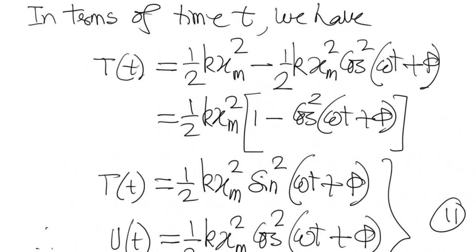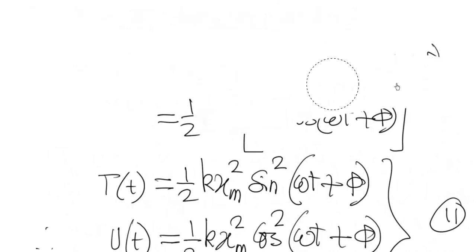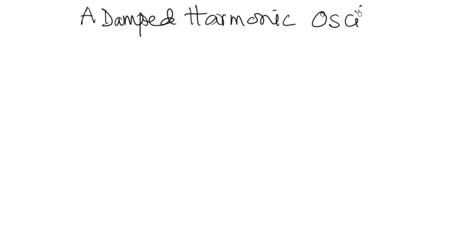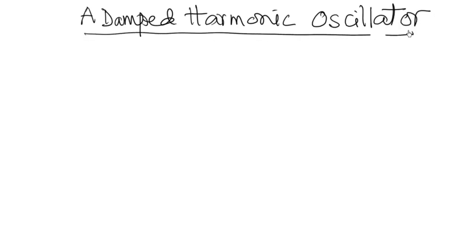Next, we shall consider a damped harmonic oscillator. If we draw the figure for a damped harmonic oscillator, it will look like this.